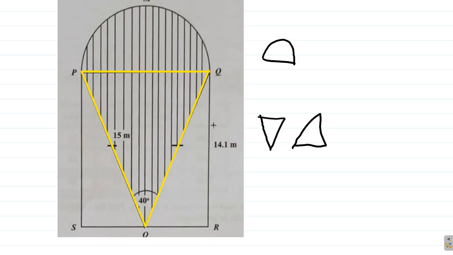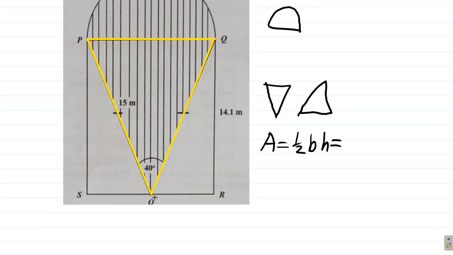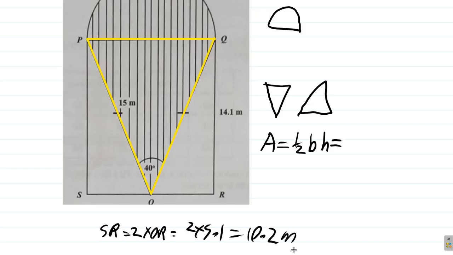But the basic idea here, the area of a triangle is half base times the height, the vertical height. The base is what? Now, we found OR to be 5.1. From O to R is 5.1. So from S to R, SR is 2 times OR, which is 2 times 5.1, which is 10.2 meters.